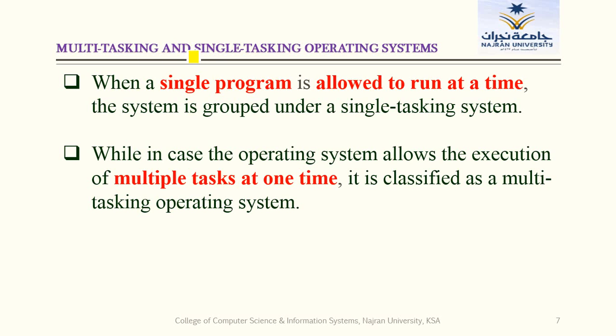As the name shows, single and multi. In a single tasking operating system, a single program is allowed to run at a time. When we are able to run only a single program at a time, this type of system is grouped under single tasking operating system. It means they can perform only one task at a time, not more than one.